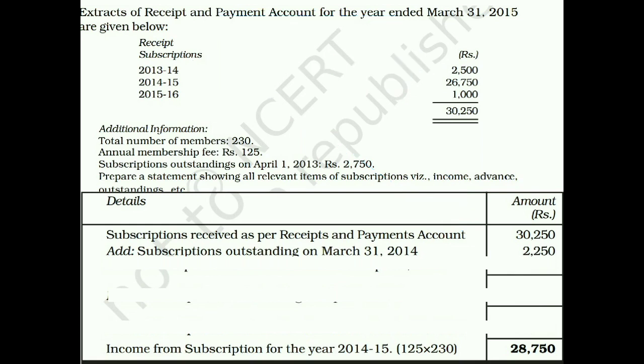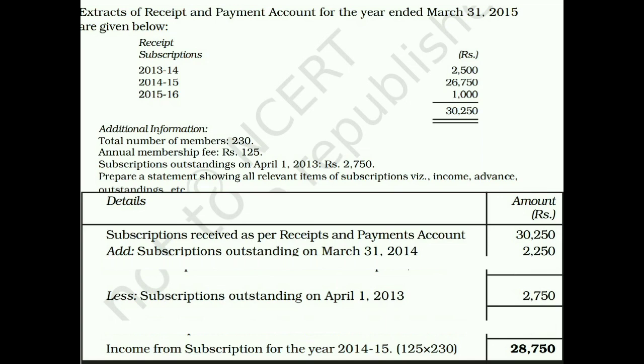Both will be added. Next, the outstanding of the current year has been done. So the outstanding of last year. This question says that on April 1st, 2013, it was 2,750. I told you that it is a misprint, it should be 2014. So 2,750 is the outstanding of last year, and it will go on the less side.